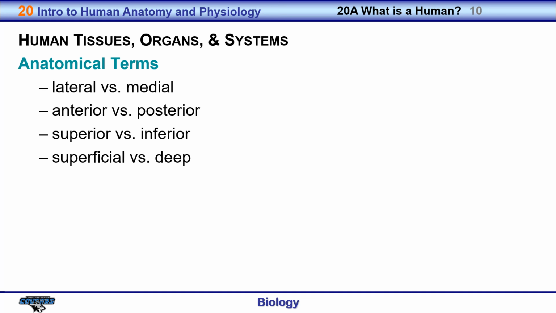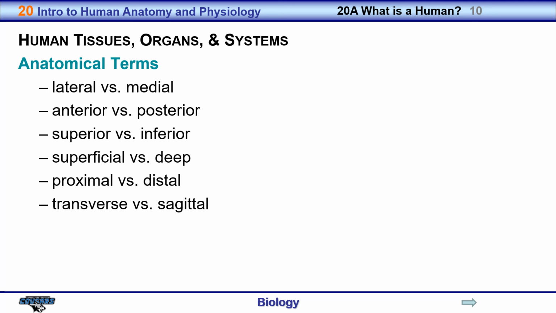Superficial means just on or near the surface. And then deep means toward the inside of your body. Then we have proximal versus distal. Proximal is located close to the trunk of the body, that's the main part of your body. And distal, if you think of a word like distance, means away from the trunk. Like your feet are distal to the trunk of your body. They're distant.